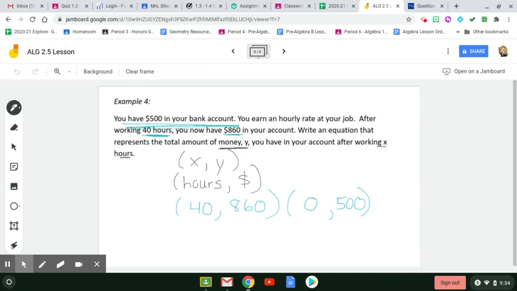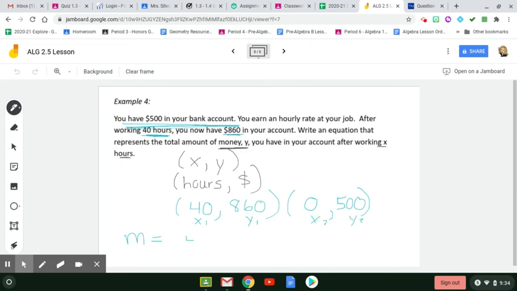All right, now that I have my two ordered pairs, I'm going to figure out what my equation is so that it will tell me how much it will represent in my account after working X hours. All right, so I have 2 points. Let's go get a slope. I'll call this one X1 and this one Y1, X2 and Y2.